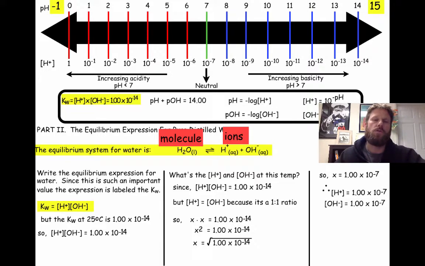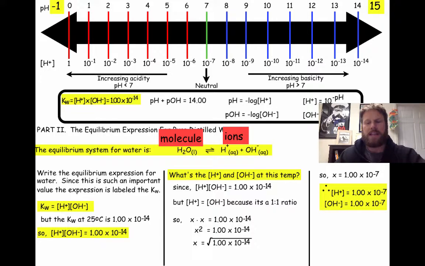Since we know the equilibrium constant at that temperature, we could determine H plus and OH minus concentration. Since we have a nice ratio of H plus to OH minus of 1 to 1, at equilibrium we could define both of those concentrations to be X. So if we solve for X, we would get the square root of 1 times 10 to the negative 14th, which is 1 times 10 to the negative 7th.